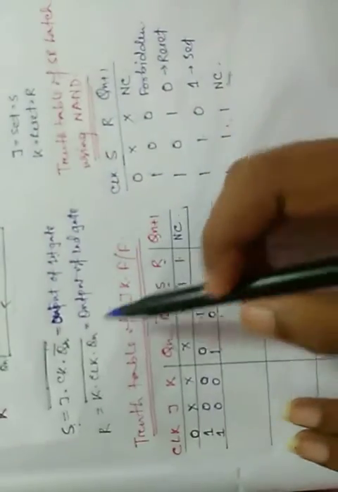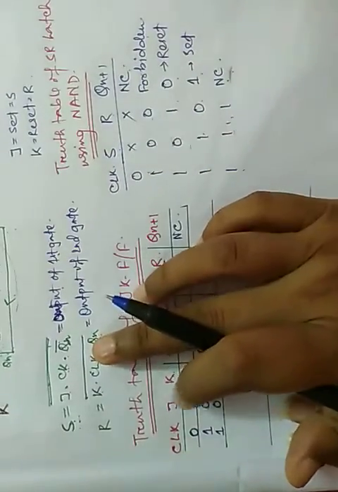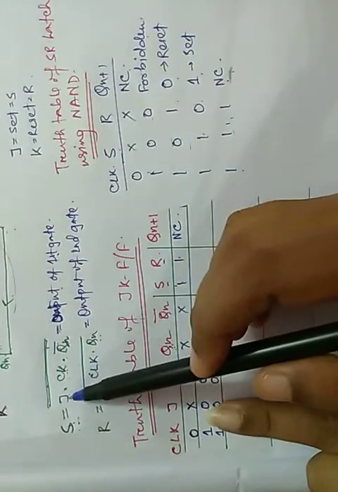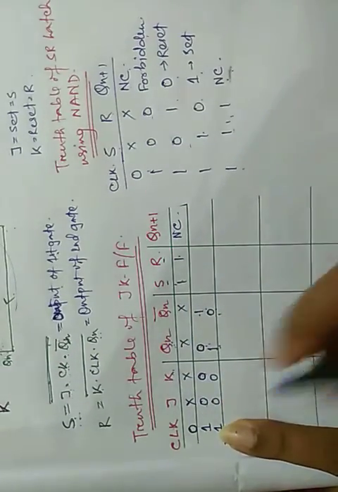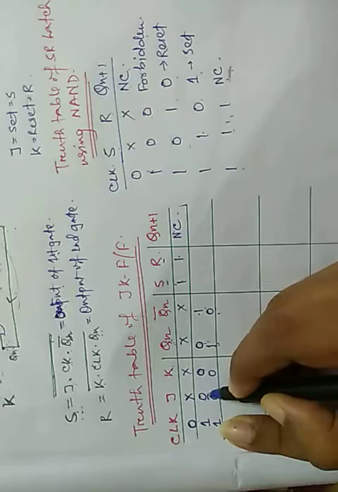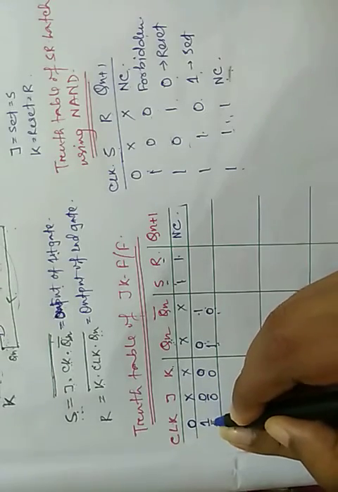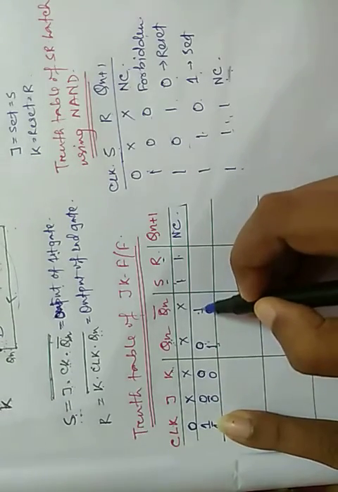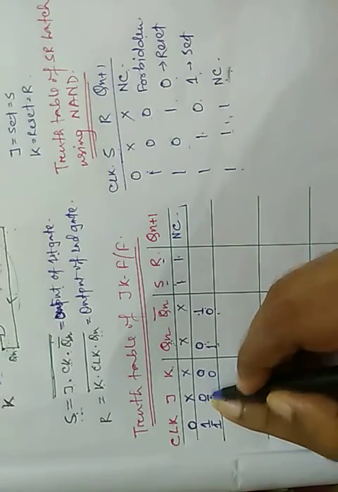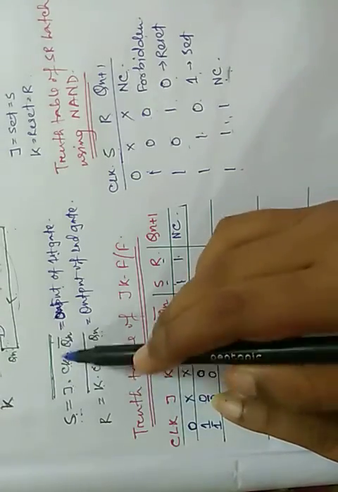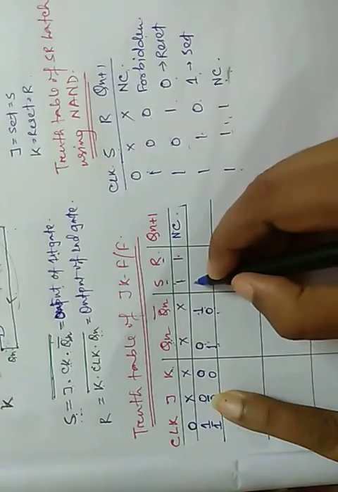Okay, now here for the input value of S, we have to check J clock Qn bar. J means 0, clock is 1, Qn bar is 1. One of the input signals is 0, so the AND operation of this is 1.